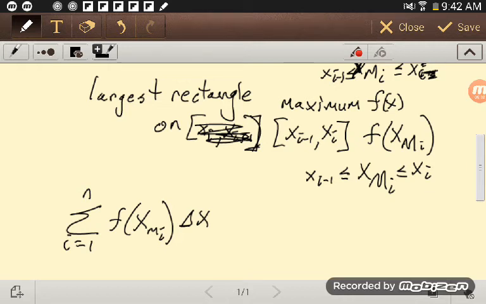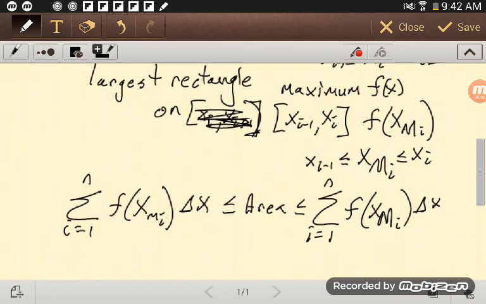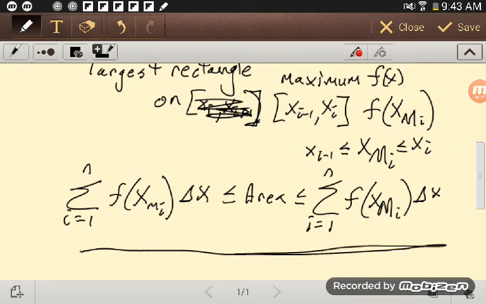And then that's less than or equal to the area, which is less than or equal to the upper sum, i equal 1 to n of f of x sub uppercase m sub i delta x. Okay, so that is what we can do to bound the area. Okay, we'll call that one good.